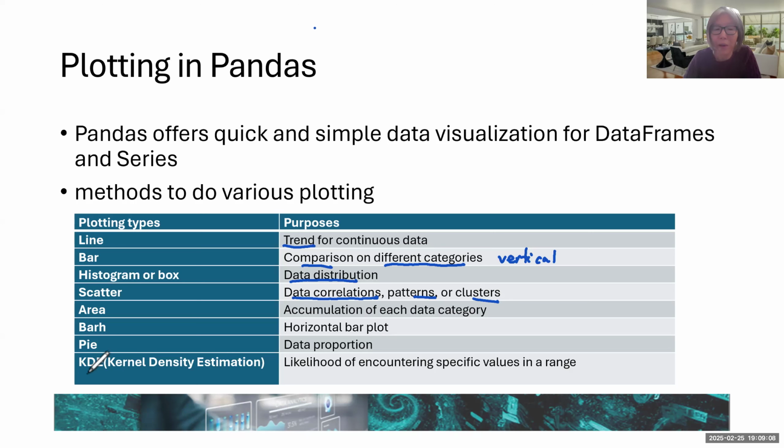The other type is KDE, kernel density estimation, which reveals the likelihood of some values occurring in a range.